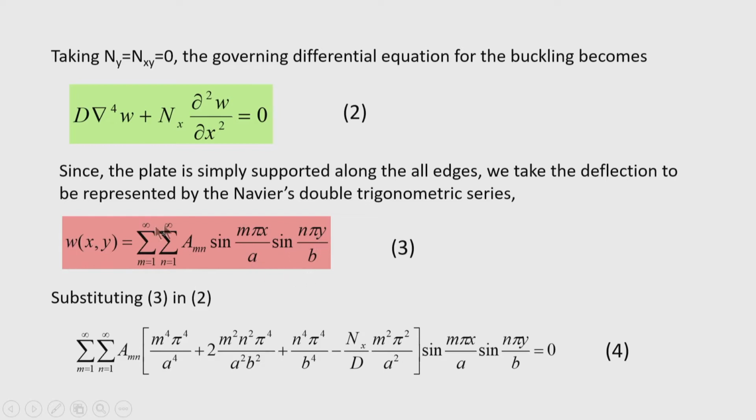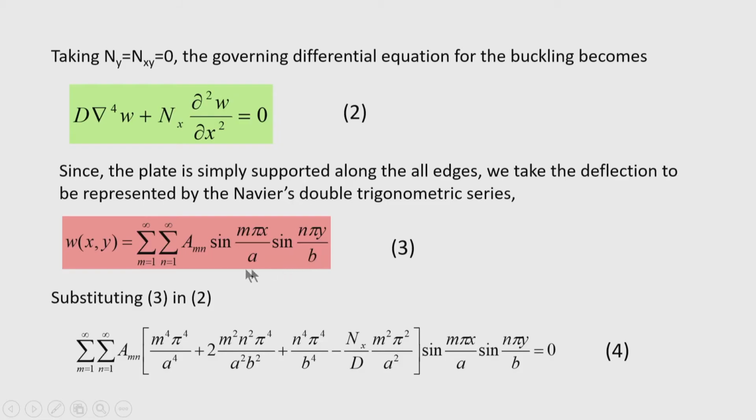So, this is the double trigonometrical series suggested by Navier for the solution of a plate which has the boundary condition along all edges as simply supported. This equation is taken to represent the deflection of the plate, and it satisfies the boundary conditions applicable in the simply supported condition.